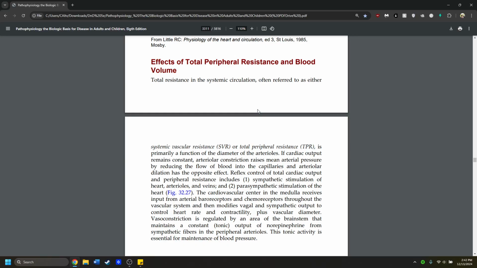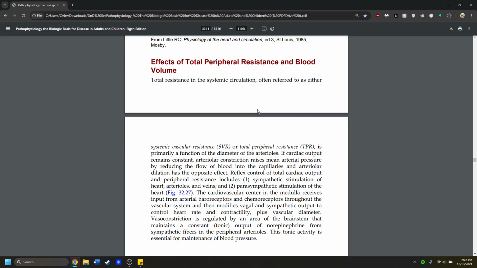Reflex control of total cardiac output and peripheral resistance includes sympathetic stimulation of the heart, arterioles and veins, and parasympathetic stimulation of the heart. The cardiovascular center in the medulla receives input from the arterial baroreceptors and chemoreceptors throughout the vascular system, and then modifies vagal and sympathetic output to control heart rate and contractility.